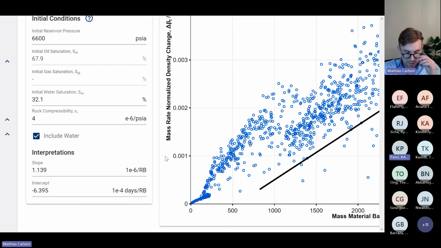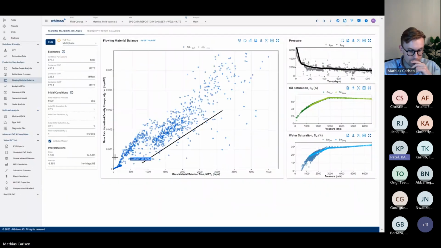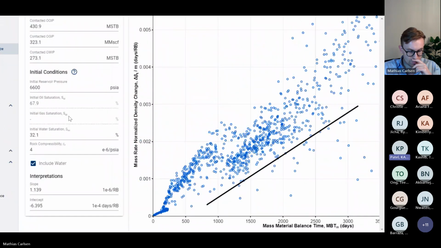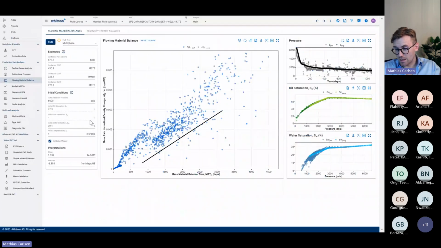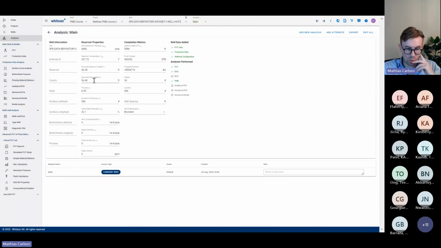Matthias: Where is this water saturation and the gas oil saturation calculated from? By some default values, right? So for this well, we uploaded the SPE data set. Water saturation had already been provided to us. You can set the water saturation for a well in the well header information here.